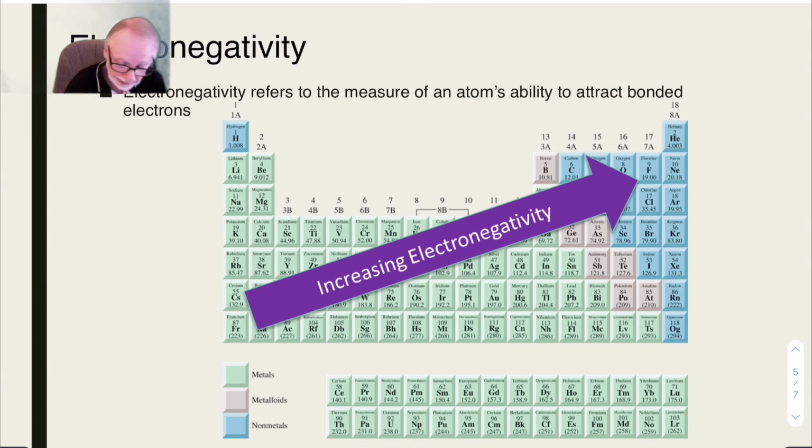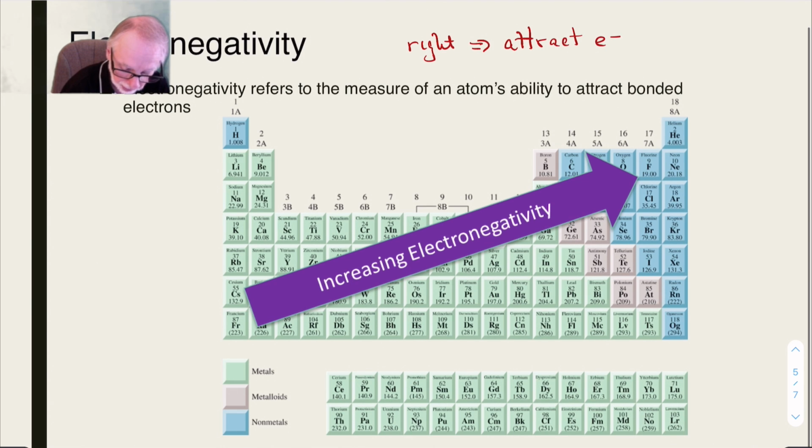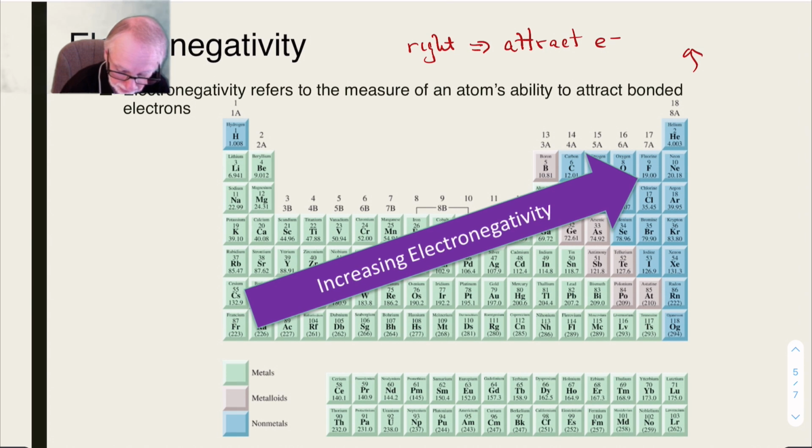And the reason for that is, to the right we have, of course, nonmetals, which have a tendency to attract electrons. So we'll note that property. But also it has to do with atomic size. As we go up the periodic table, the size of the atoms decreases.